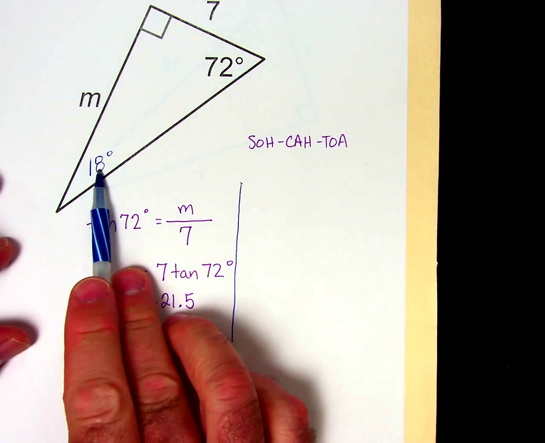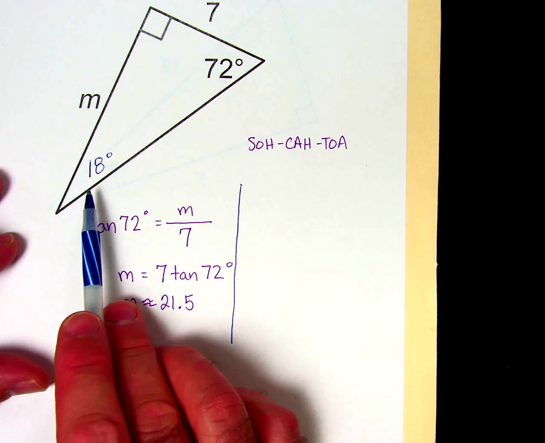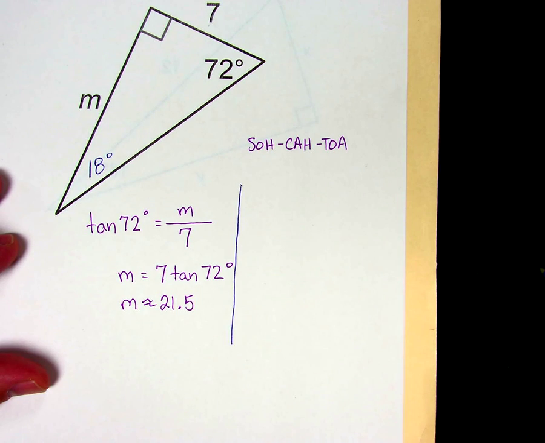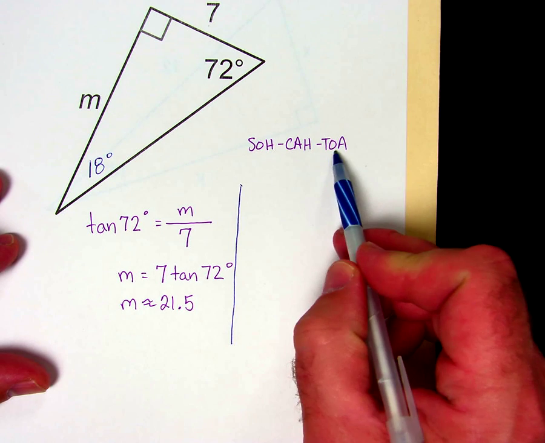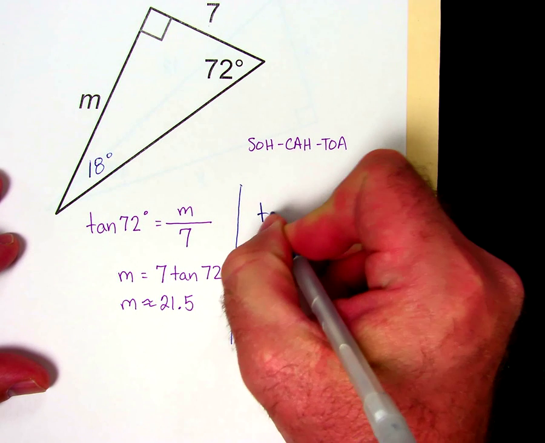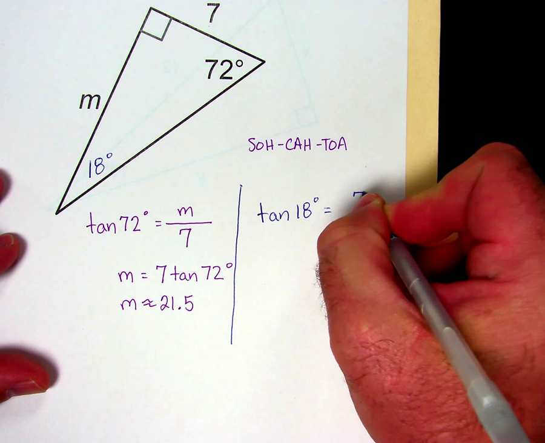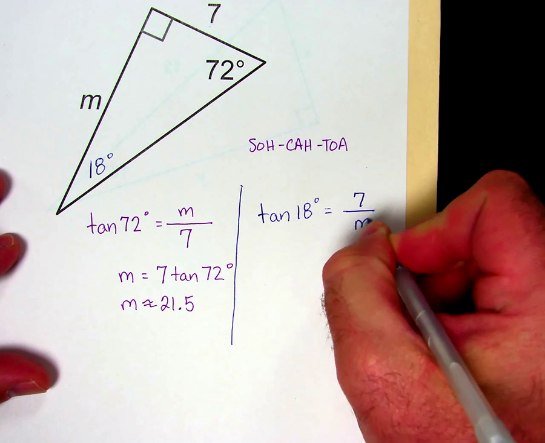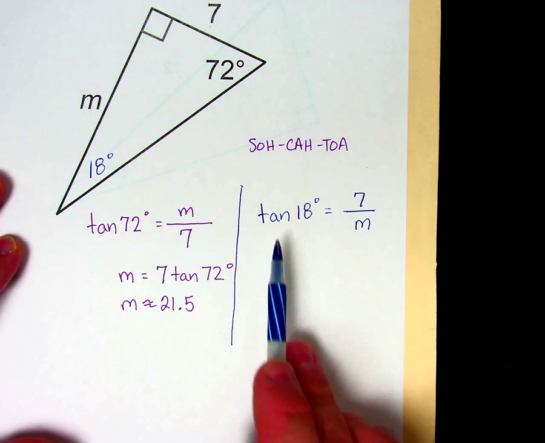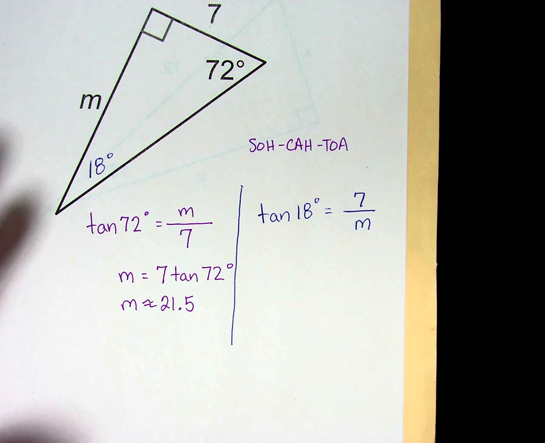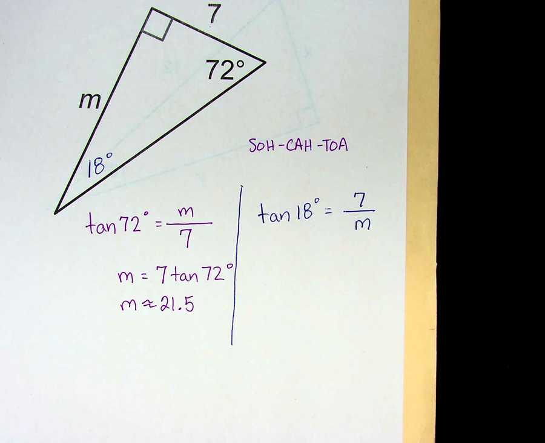If I would have used this 18-degree angle, this would have been the opposite leg. This would have been the adjacent leg. That's still tangent, but our equation would look a little bit different. Here, our tangent would have been opposite leg divided by adjacent leg. The variable would have been in the denominator.